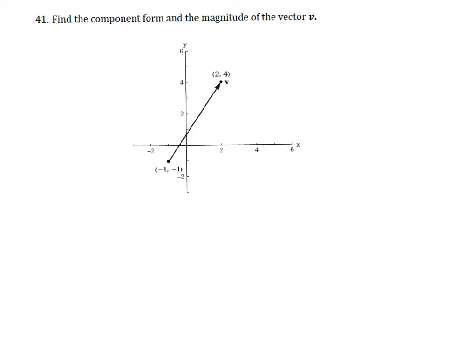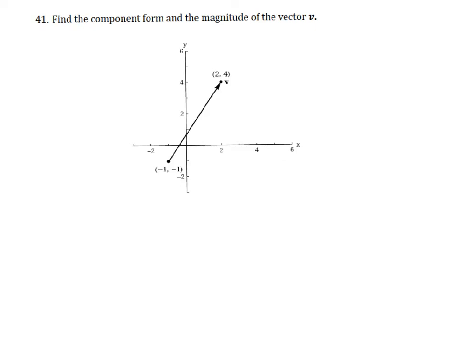In this video, we're going to talk about vectors. So here is a vector that has its starting point at -1, and its ending point at 2, 4.